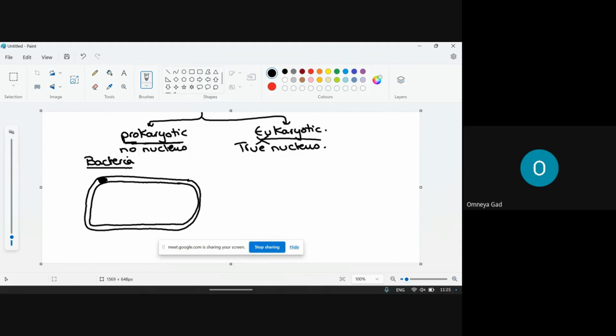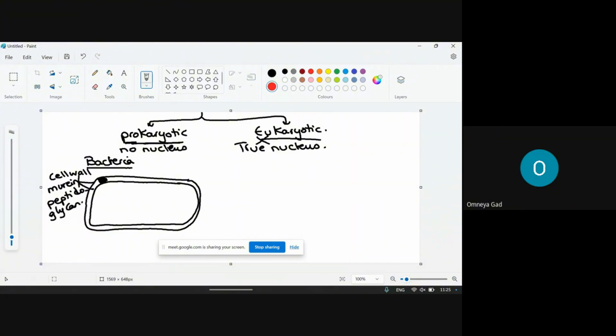So if I label here or in the middle, I'm talking about the cell wall. But the cell wall for the bacteria is made from a special material which is called murein, or it has another name which is peptidoglycan.